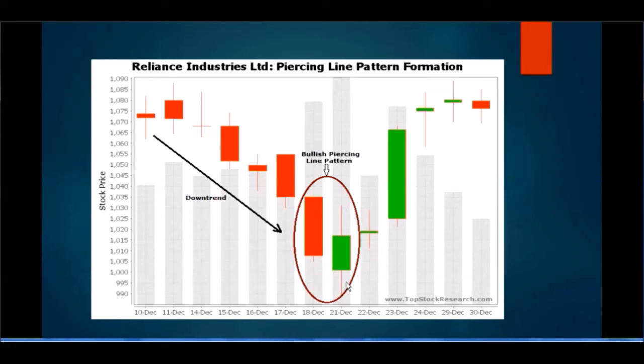So this could be characterized as a bullish piercing line pattern. And then sure enough, we see a run and reversal topside. Now this is like a very bare minimum. I'd prefer it be at least at the halfway point, but this is roughly close to the midpoint of the previous day's candle, and we see the reversal topside.